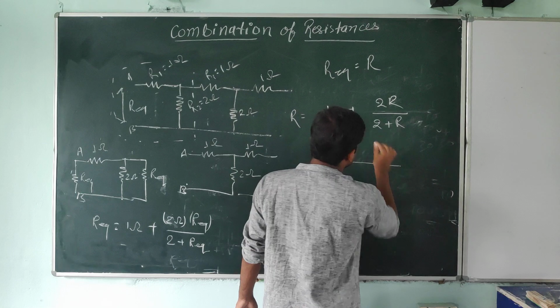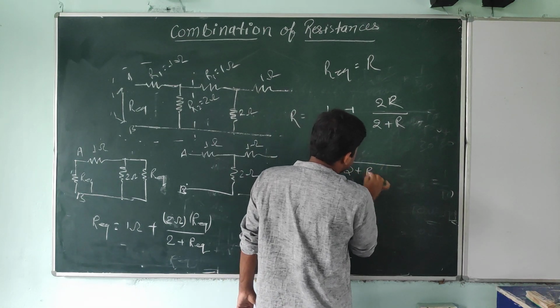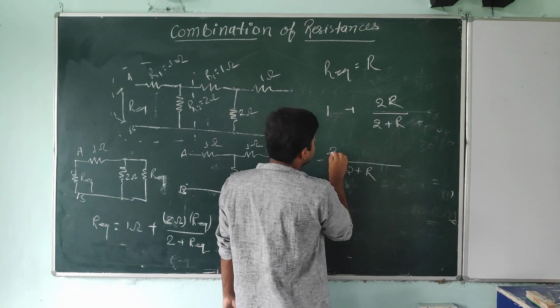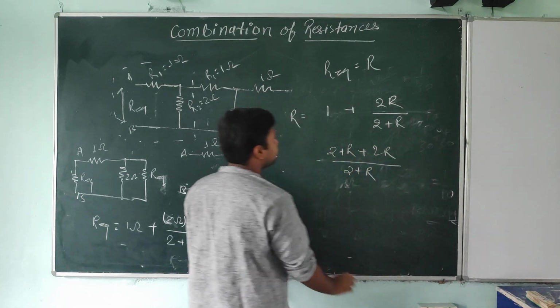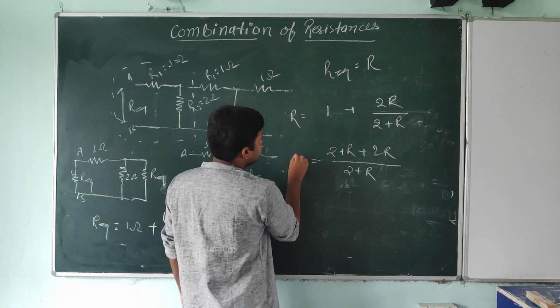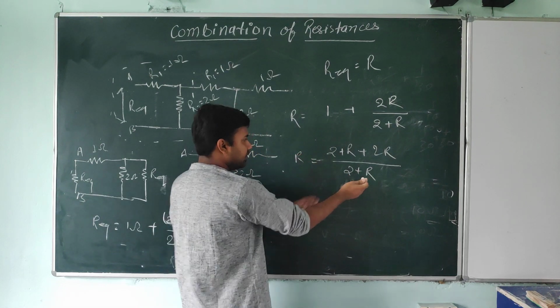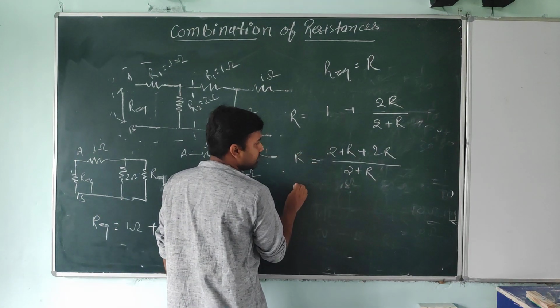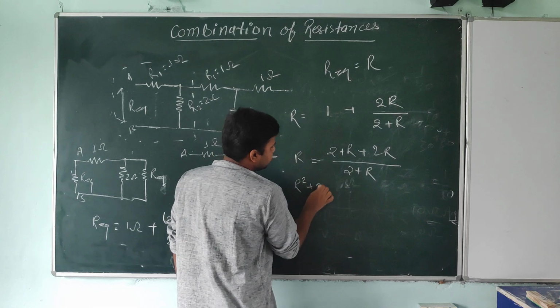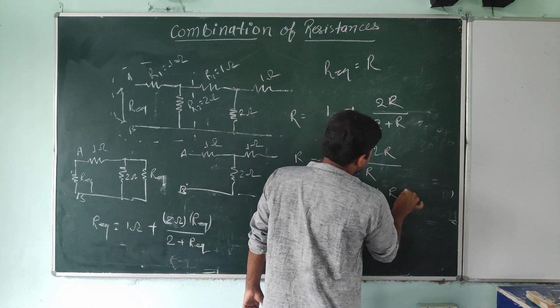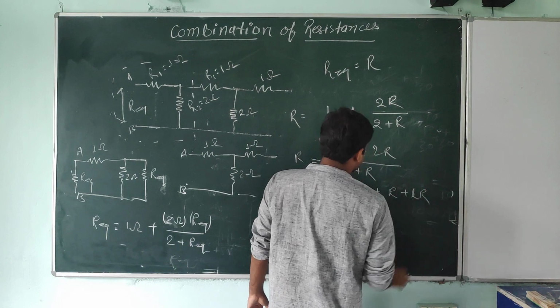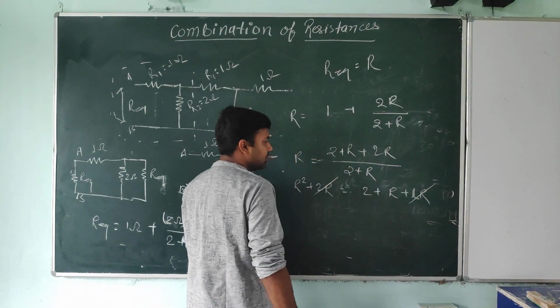Now LCM is what here? 2 plus R. What you will get? 2 plus R plus 2R is equal to R. If you will take this one this side, what you will get? R square plus 2R equal to 2 plus R plus 2R. Now this 2R will cancel out.